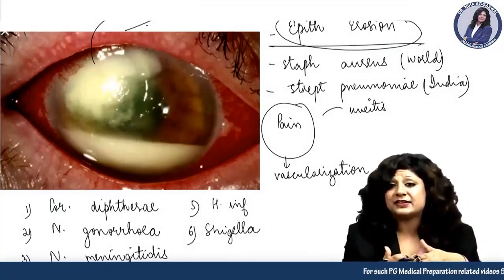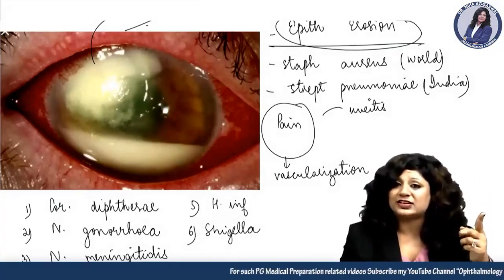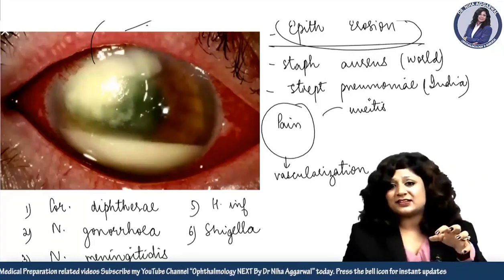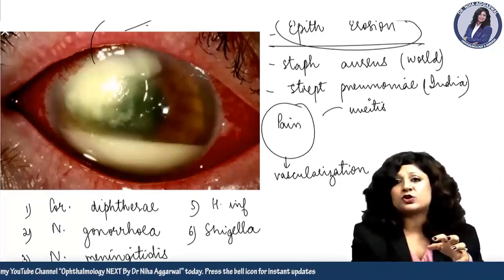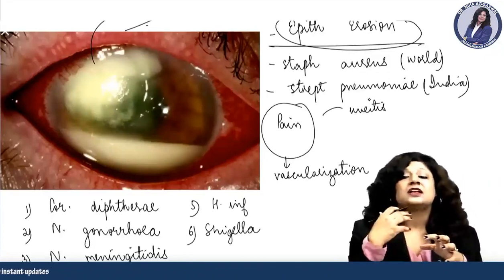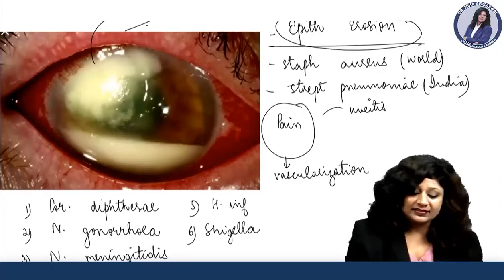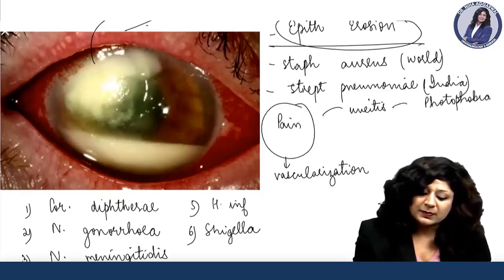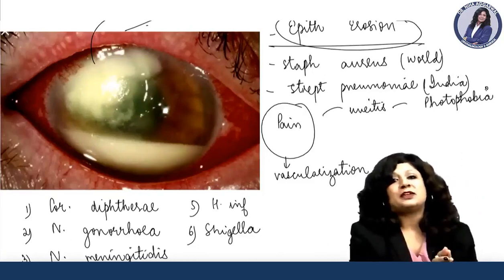This keratitis, which could have started from conjunctivitis also, is going to the deeper layers. It is involving the iris and ciliary body. It is causing iridocyclitis, and that is why photophobia. Photophobia is again a very important symptom of these patients, plus the inflammatory cells.